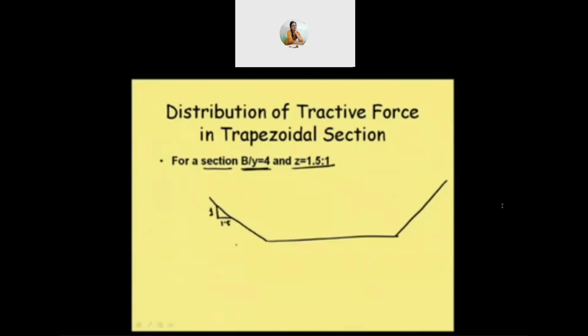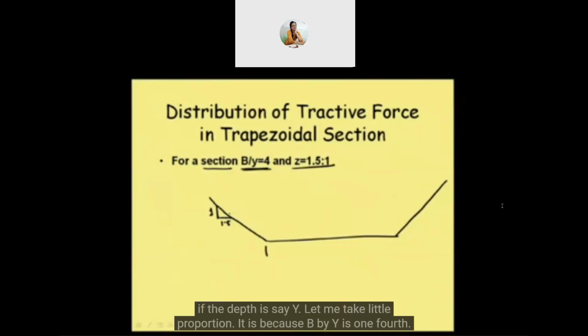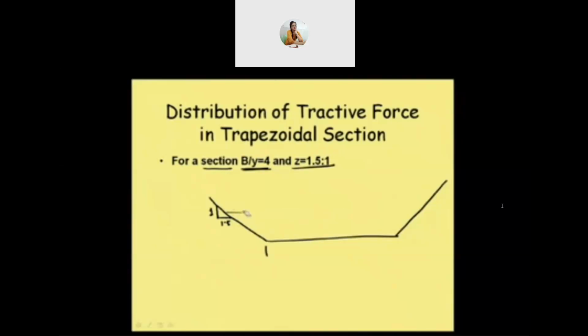And then this width, suppose the depth is y. Let me take a little proportion to it, because B by Y is 4.